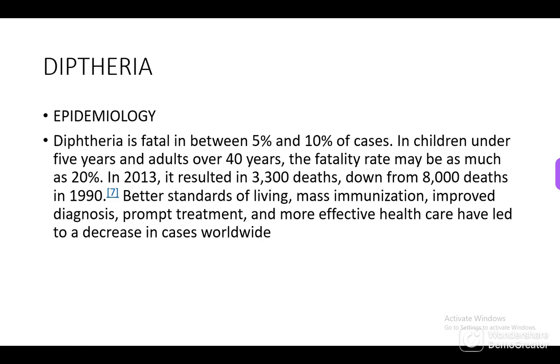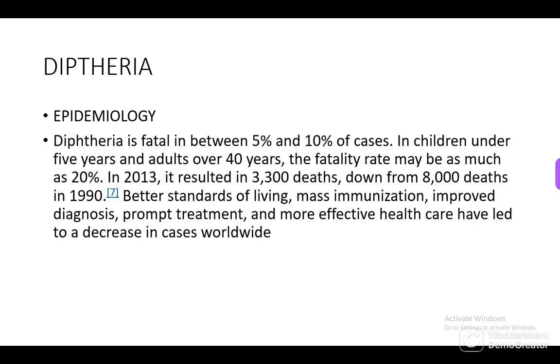Epidemiology is that it is fatal in between 5 and 10% of cases because of detachment of the pseudomembrane and epiglottitis, and it will block the trachea. In children under 5 years and adults over 40 years, the fatality rate may be as much as 20% at one time.